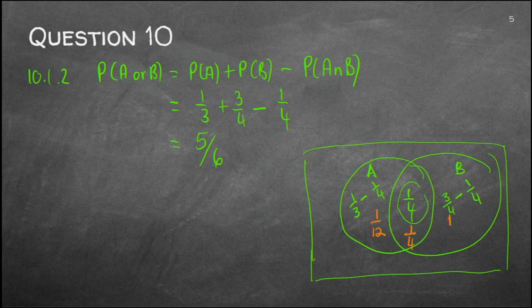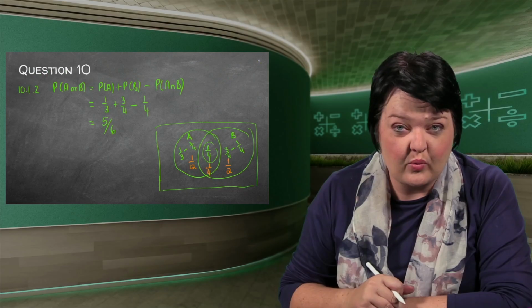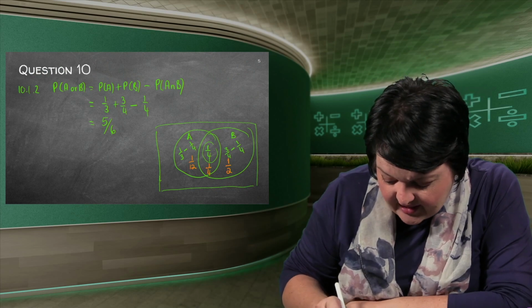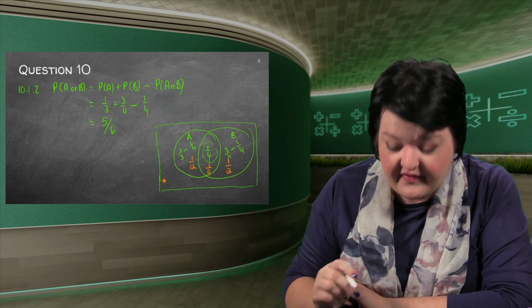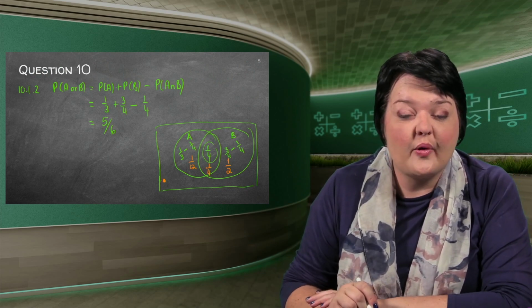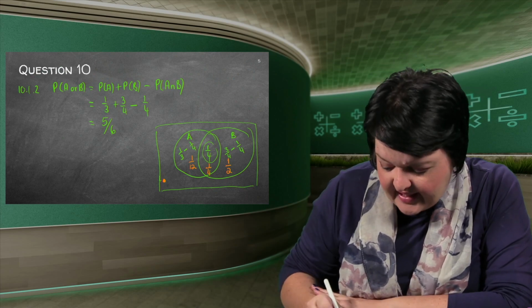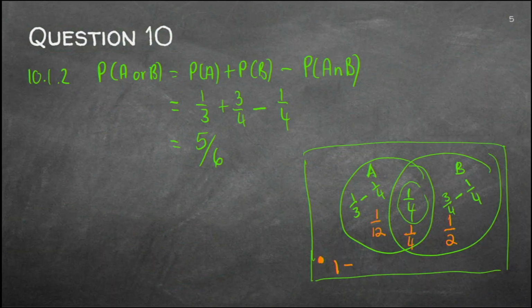1/4, and then 1/2. And just for interest's sake, please remember, if we add this up and we don't get 1, it means that there are actually some values here which are not A or B at all. We would get it by saying 1 minus 1/12 minus a quarter minus a half. And whatever remains would be the value on the outer section of this Venn diagram.